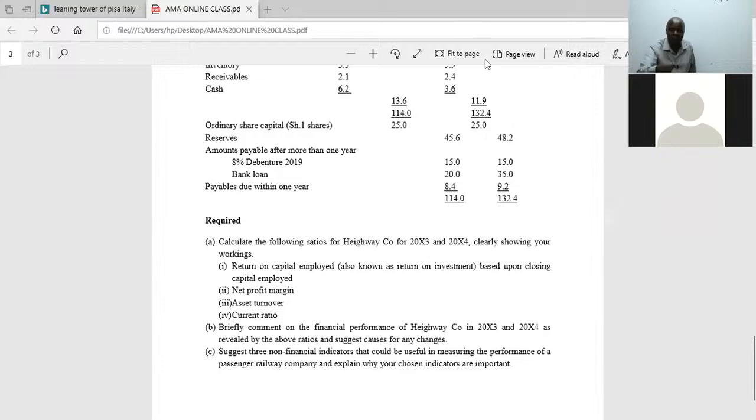If you are to have a bus company today, what are some of the key performance indicators, non-financial, that you'll always consider? Someone talk to us tonight. This is quite popular. When you go to your past papers, you'll see what I'm talking about. So please give me those 3 key non-financial performance indicators that you will go outside looking for.